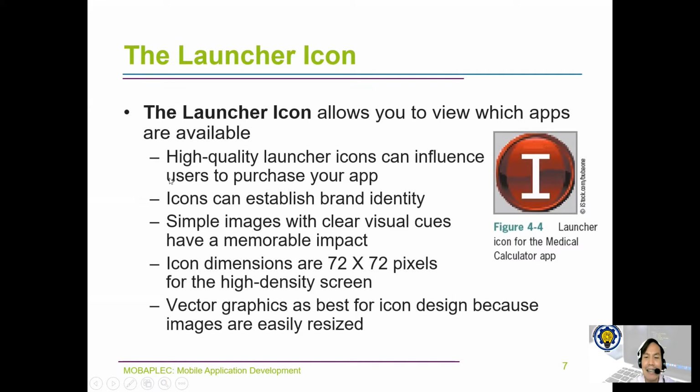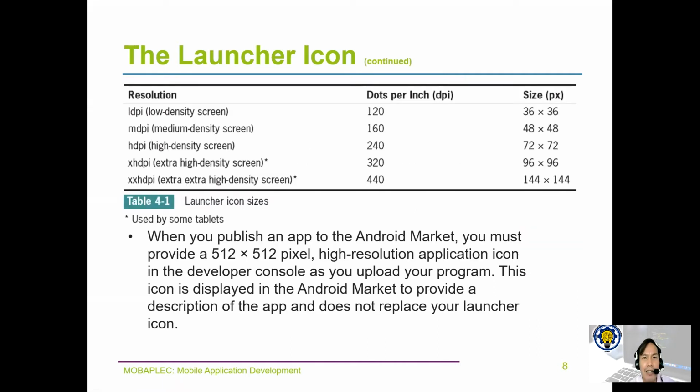Okay, and then next, there are icon sizes based on resolutions, based on DPI, or what we call dots per inch, and the size based on px, or the pixels. So we have low density screen, that's 120, the size 30 by 36. So it depends on the launcher icon that you need to set up. Okay, so these are the examples.